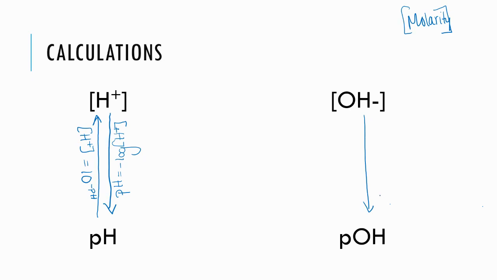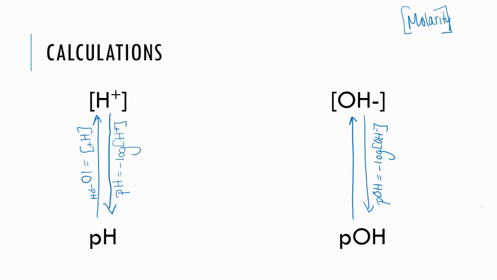So to go from the OH minus concentration to the pOH, pOH is equal to the negative log of the base concentration. Same thing, right? And then again, we have the inverse of that formula to go the other way.